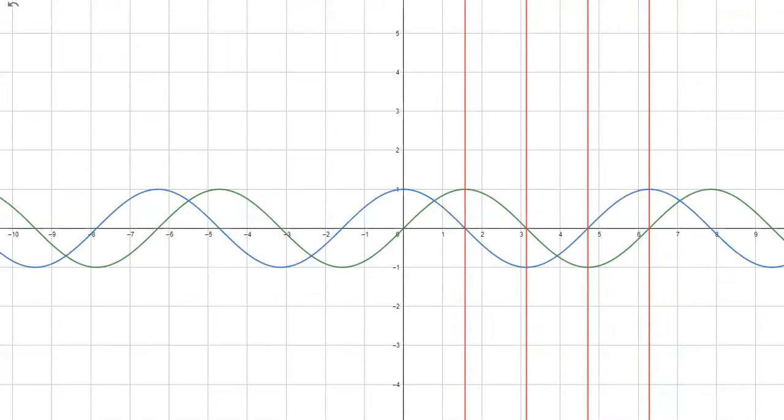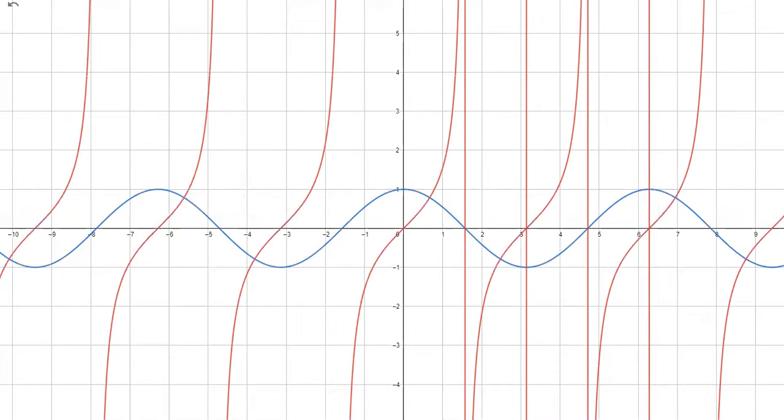The tangent function, remember that we defined tangent as being sine over cosine. That was one of our identities. So everywhere the cosine is equal to 0, that's going to be the denominator in the tangent function, so the tangent is going to be undefined every time the cosine is equal to 0. So let's look at the cosine and tangent graph together.